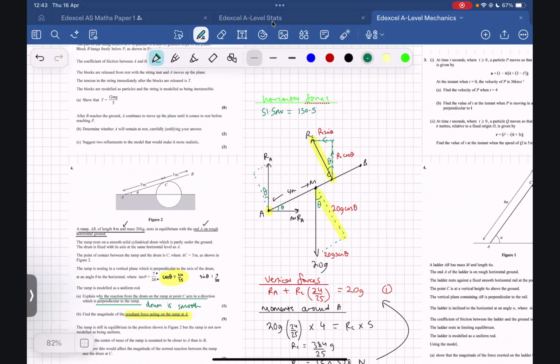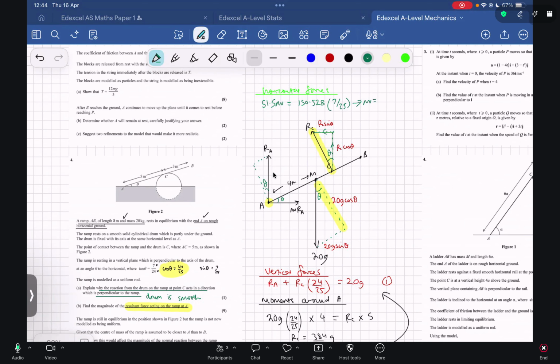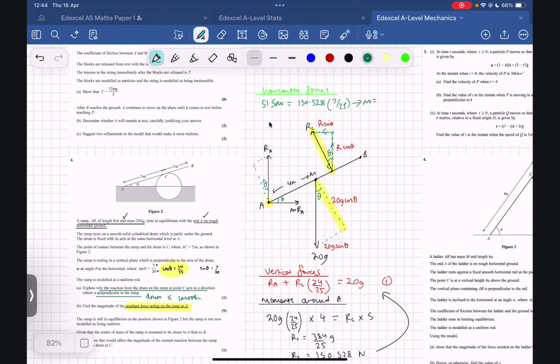In this case, wait 1 second. If we're taking like this, like diagonal, isn't right also 20g cos theta? Because it's also diagonal. Sorry, say that again. If we're taking like diagonal, isn't pointing right also 20g cos theta?